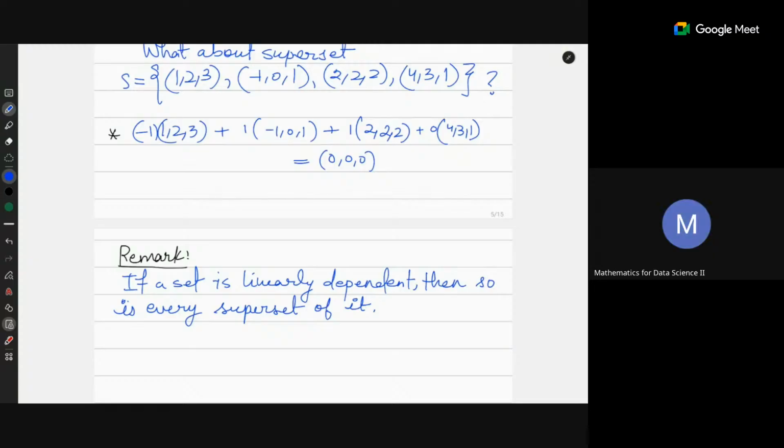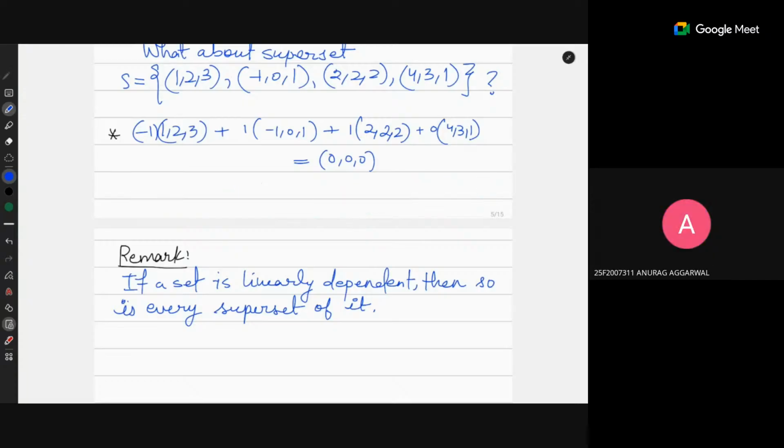No, but that will not work. Suppose you take one coefficient k to be non-zero, say for the vector 1, 2, 3, and the other vectors have coefficient 0. But then it cannot become the 0 vector. It will force that coefficient also to be 0. So one more vector has to be there. Dilip has correctly pointed that out.